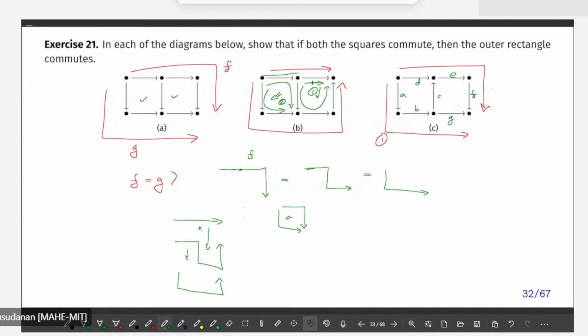A B C. Then you are starting with... the second box commutes. Yes. You can replace G by C E F. G can be replaced by C E F. So then you have A B C E F. Basically, that is this.